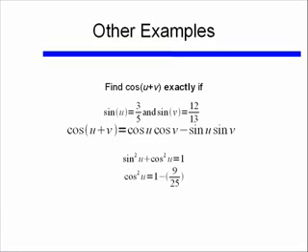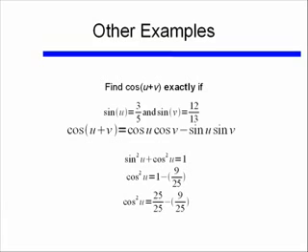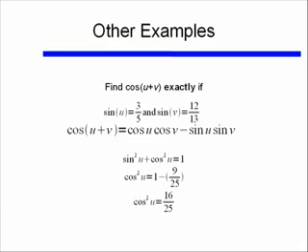If I subtract 9 over 25 from both sides, then I get cosine squared u equals 1 minus 9 over 25. I'll find a common denominator, do the subtraction, and I find that cosine squared u is equal to 16 over 25. Well, if what I want is cosine of u, I'll take the square root of both sides, and cosine of u is simply equal to 4 over 5.